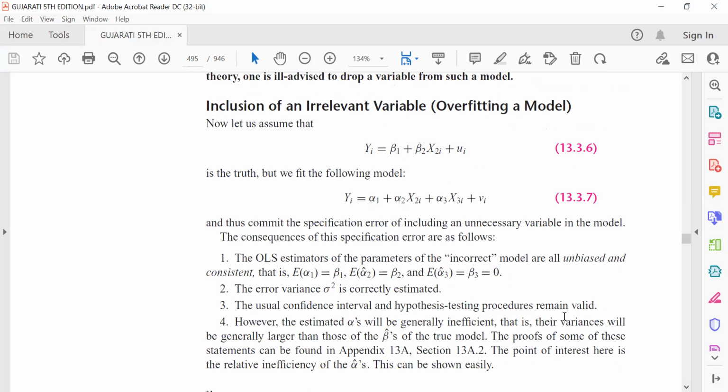However, the alphas will be generally inefficient because the variance will be larger than that of the true model. Okay. The point of interest here is that an irrelevant variable in the model will produce inefficient parameters.